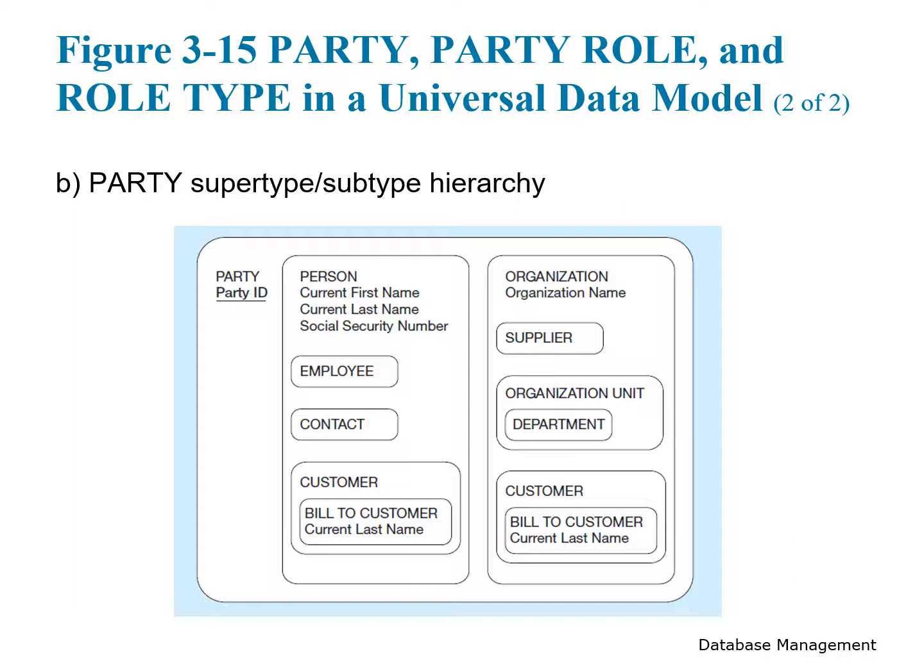An interesting aspect of figure 3-15a is that party role actually simplifies what could be a more extensive set of subtypes of party. Figure 3-15b shows one party with many subtypes covering many party roles. With partial specialization and overlap of subtypes, this alternative would appear to accomplish the same data modeling semantics as figure 3-15a.